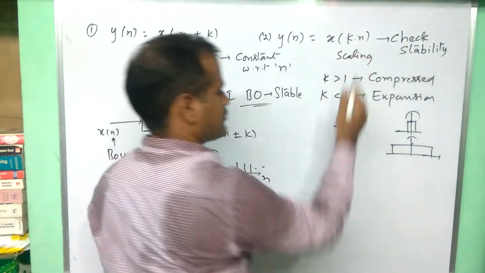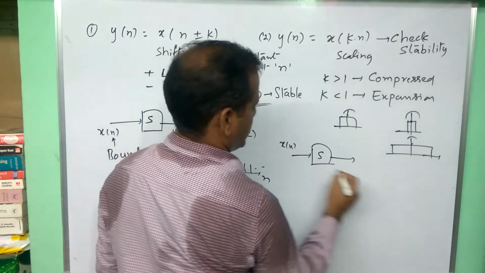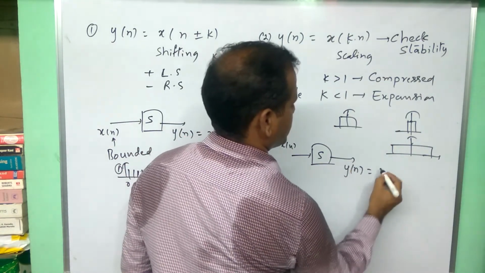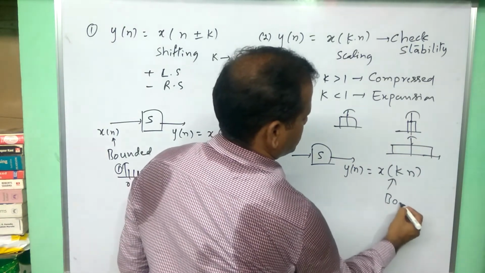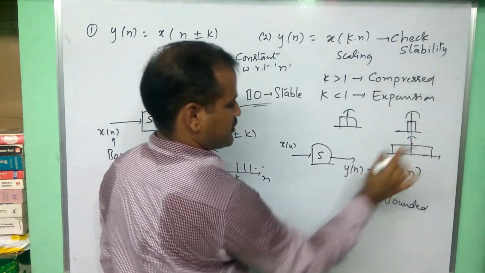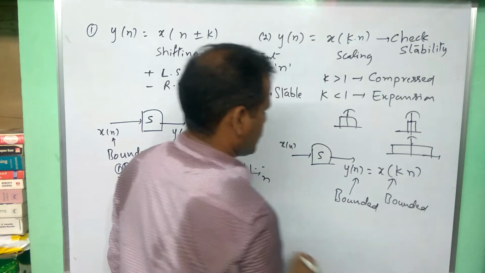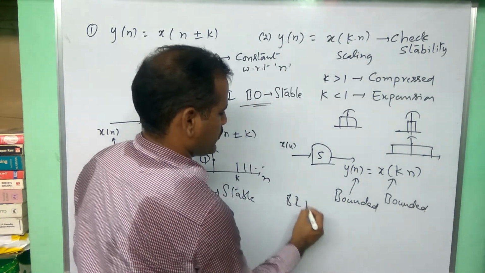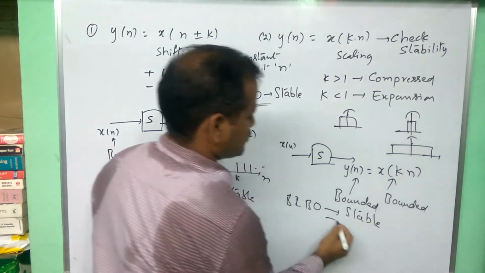That means in this case also, whenever input x of n is applied, the corresponding output is y of n equal to x of k n. If x of n is bounded, the compressed or expanded version is also bounded. So bounded input produces bounded output, which means the given scaling system is also stable.